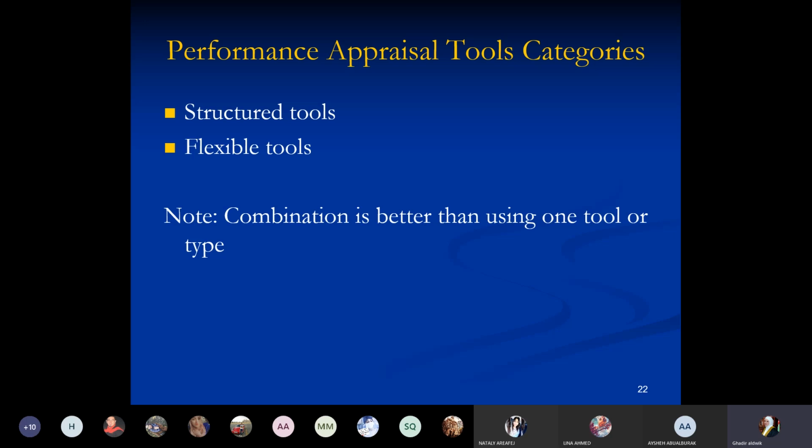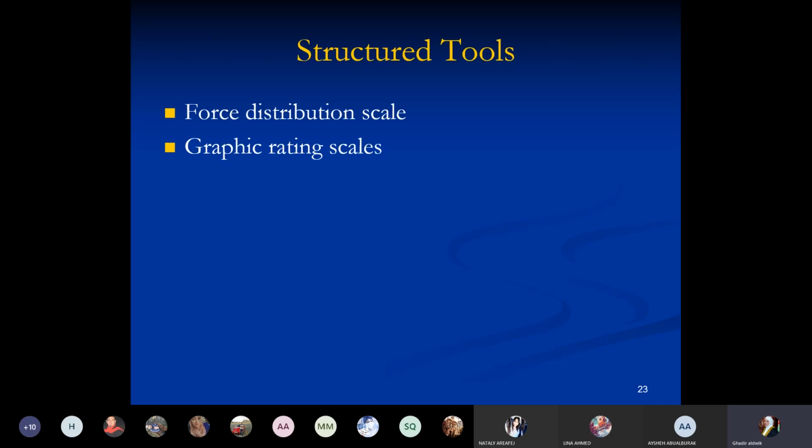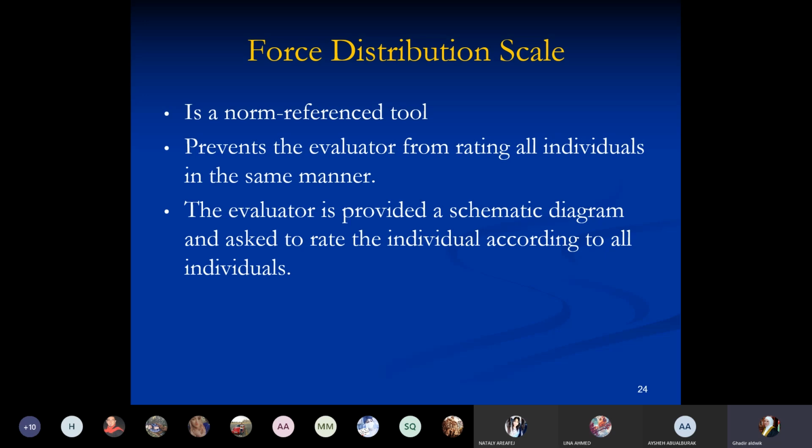So it's very important to combine or merge the structured tool evaluation with the flexible tool evaluation. In a structured tool evaluation, we have two tools, the forced distribution scale and the graphic rating scale. Who can tell me about the forced distribution scale?